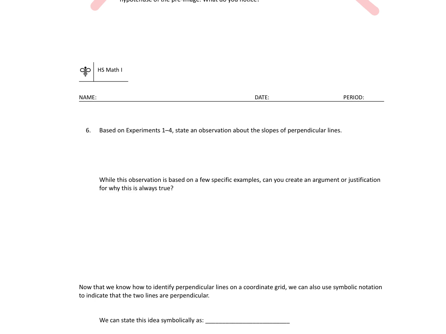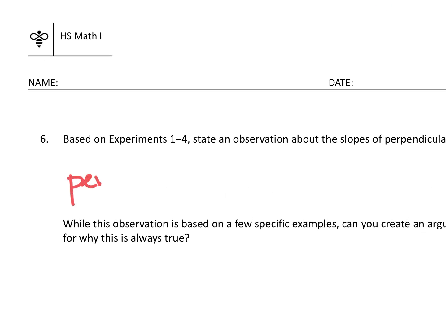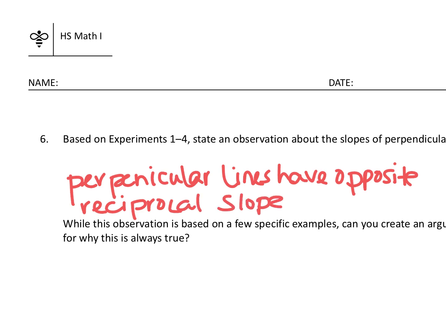So I'm going to say that perpendicular lines have opposite reciprocal slopes.